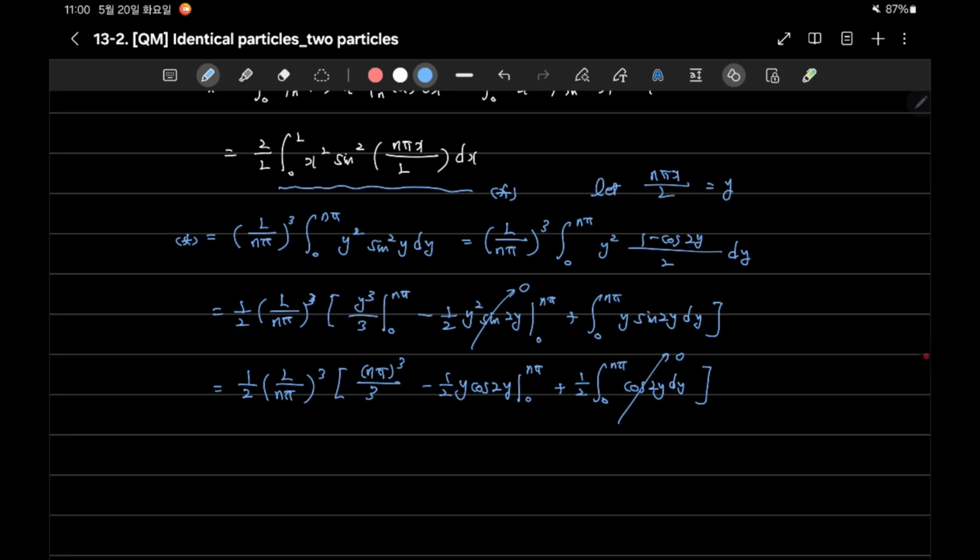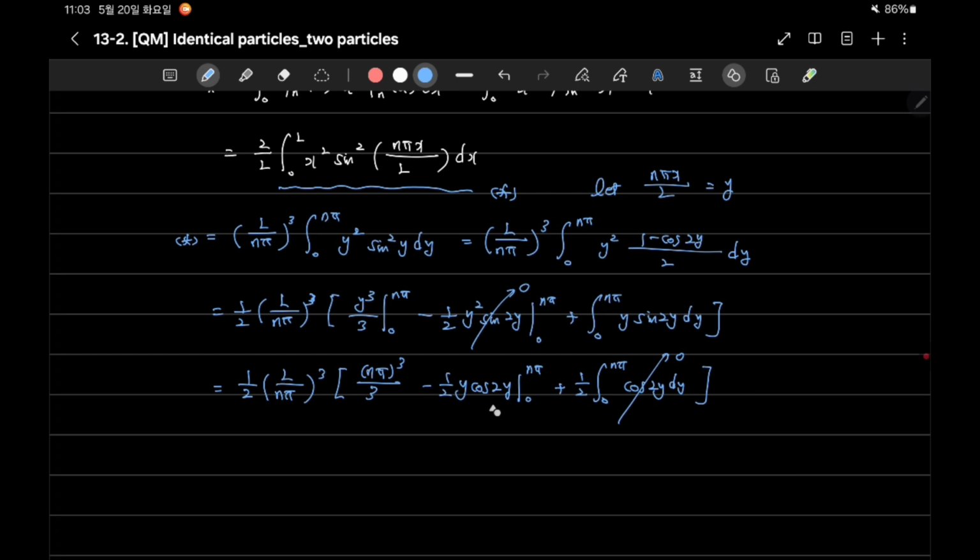And also cosine 2n pi equals 1, and cosine 0 equals 1. Applying n pi here, cosine 2n pi equals 1. But in the case y equals 0, it is 0.